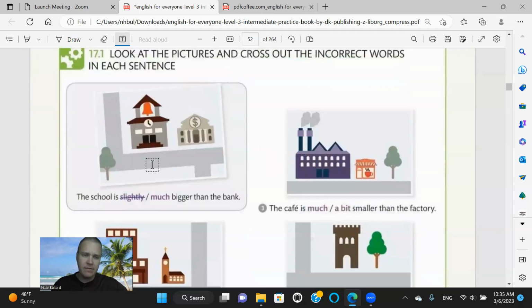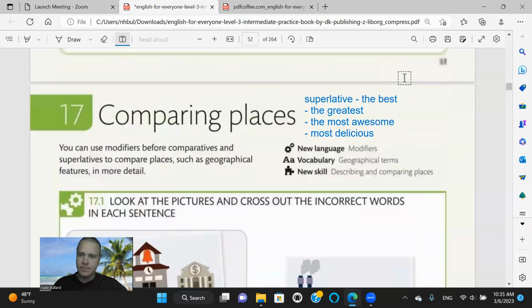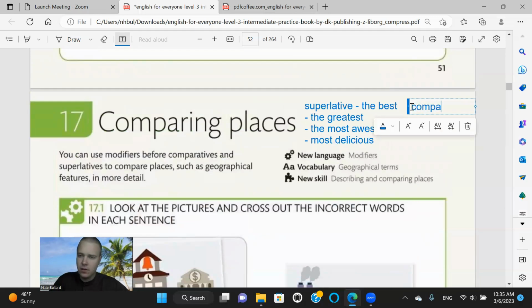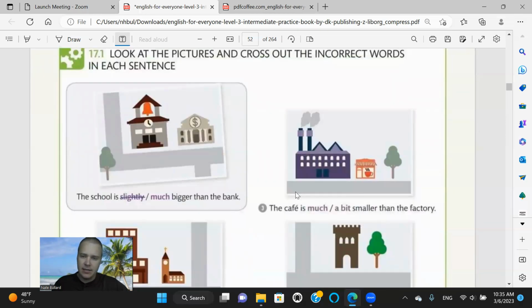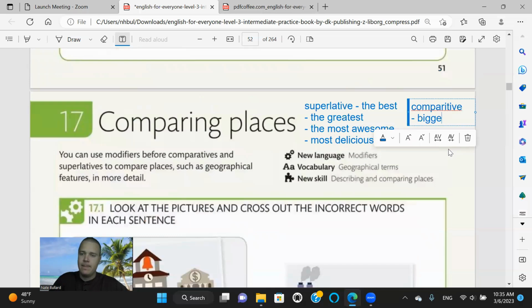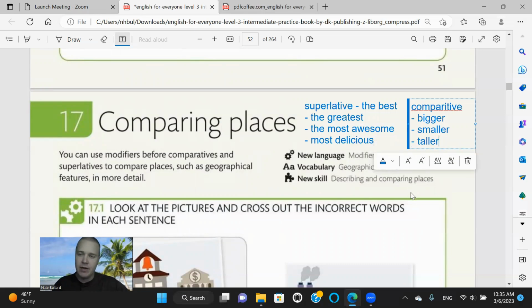A comparative would be words like this, like bigger or smaller or taller. Okay, comparatives son así, más grande, más pequeño, más alto.